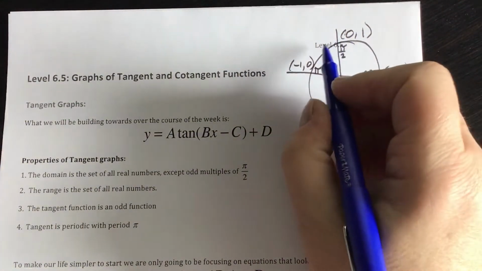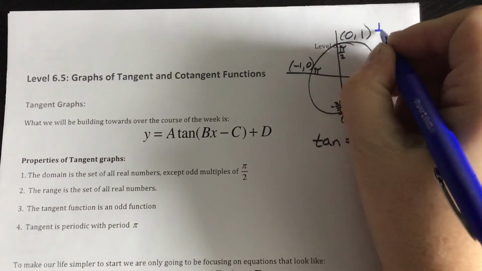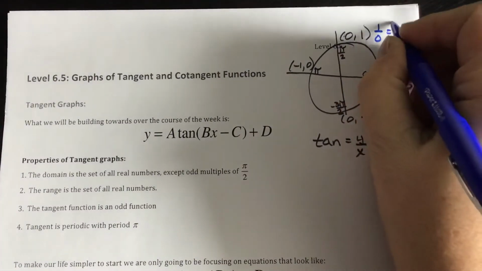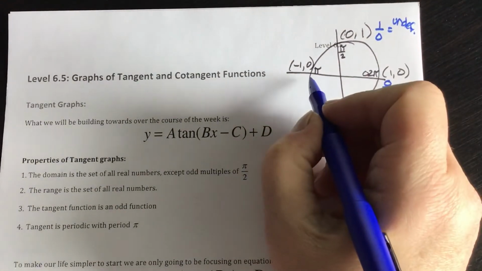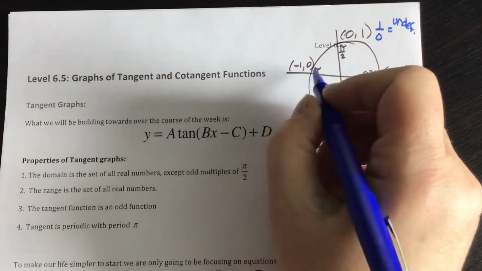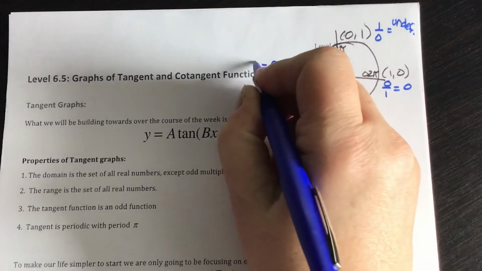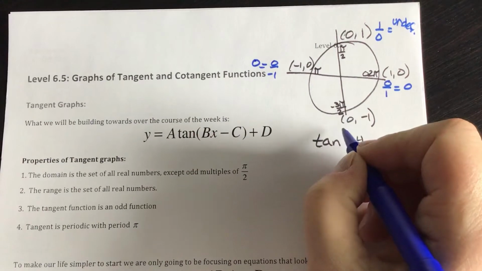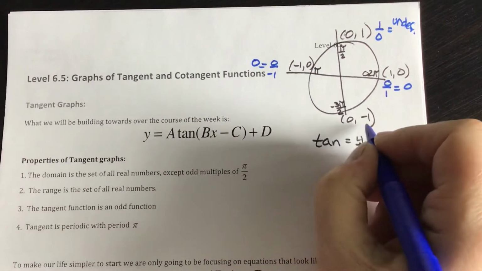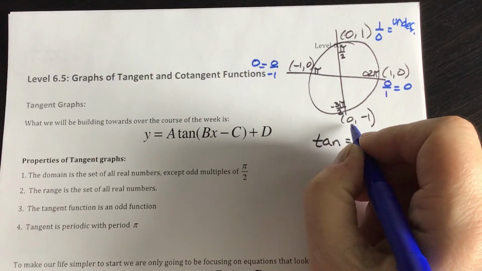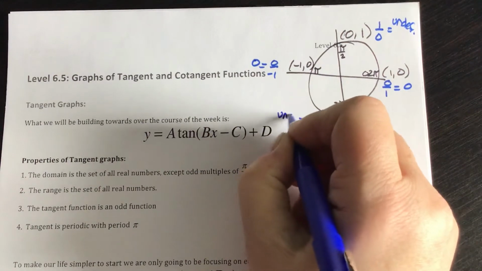If I go to pi over 2, I'm going to have 1 over 0, which is undefined. Back over to pi, I have 0 over negative 1, which is 0. And down here at 3 pi over 2, I'm going to have negative 1 over 0, which is also undefined.